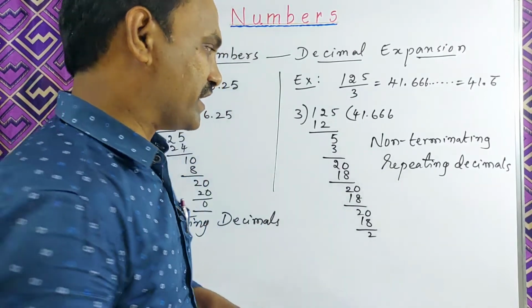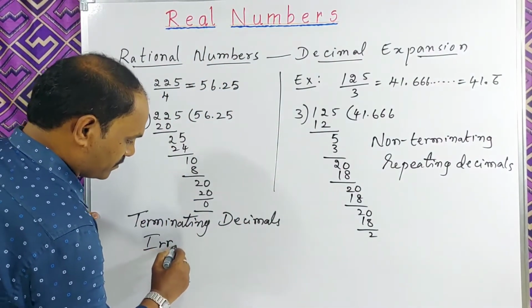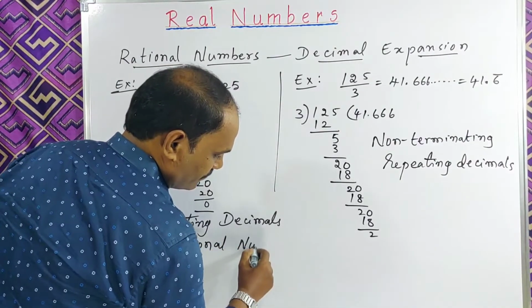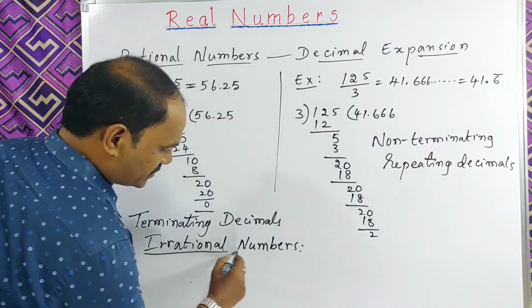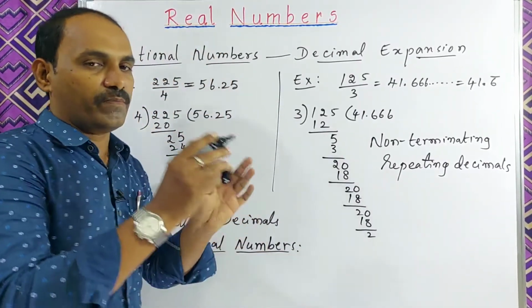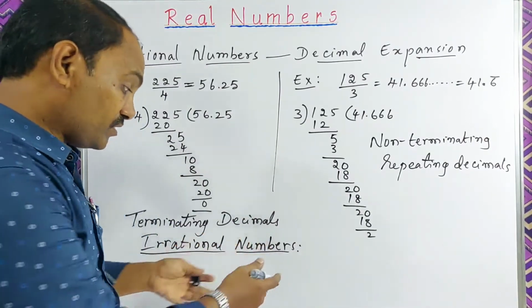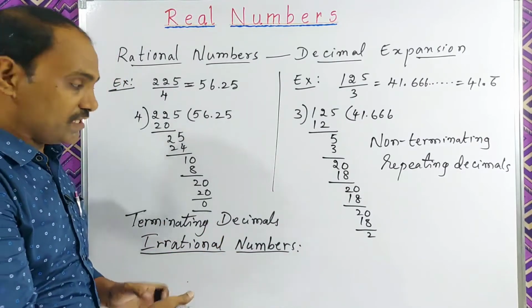Now what about irrational numbers? Irrational numbers are numbers which are not in p by q form. What about the decimal expansion of these irrational numbers?